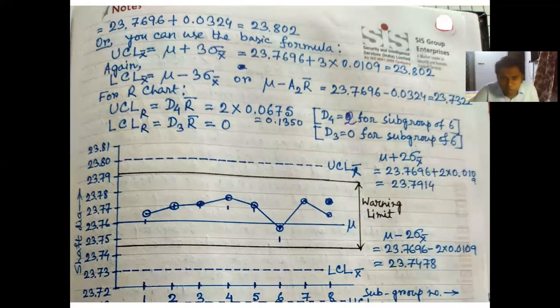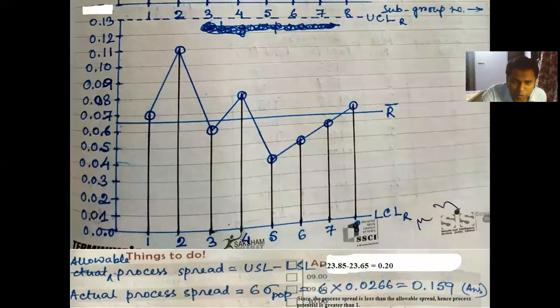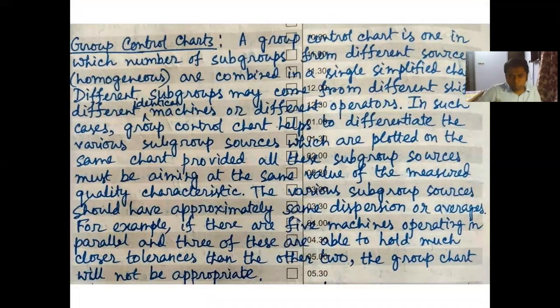But it can happen that you use different machines, different operators, or different shifts. In that case, you will have different subgroups, and the observations you take under a particular subgroup will be categorized under it.